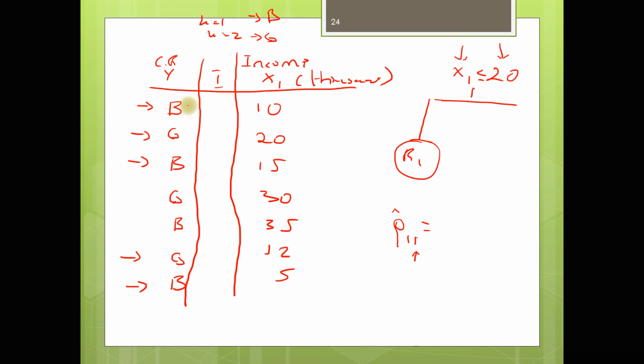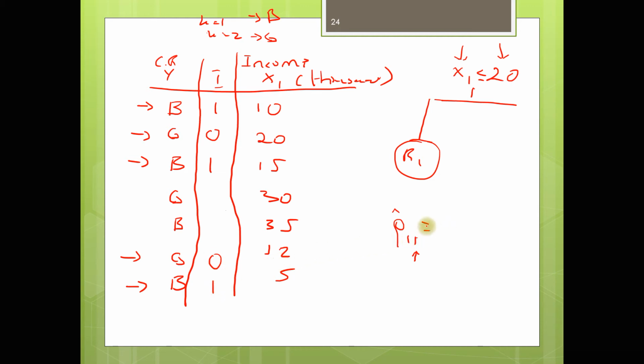Like here, k is equal to 1, this observation returns 1. Here, k is not equal to 1, it returns 0. Here, k is equal to 1, it returns 1. We don't care about this one because it's not part of our region, Rm. But here, k is not equal to 1, so we return 0. But k equal to 1 is bad, so return 1.